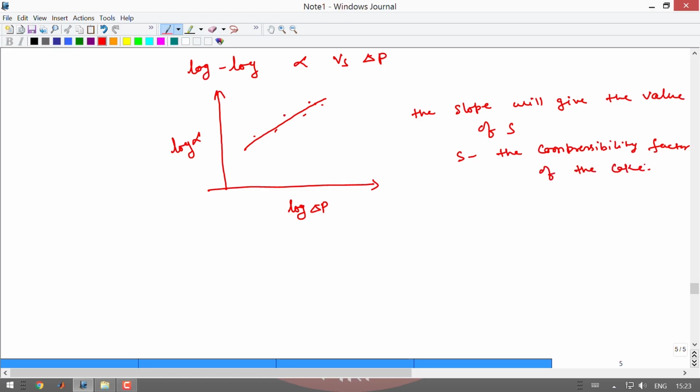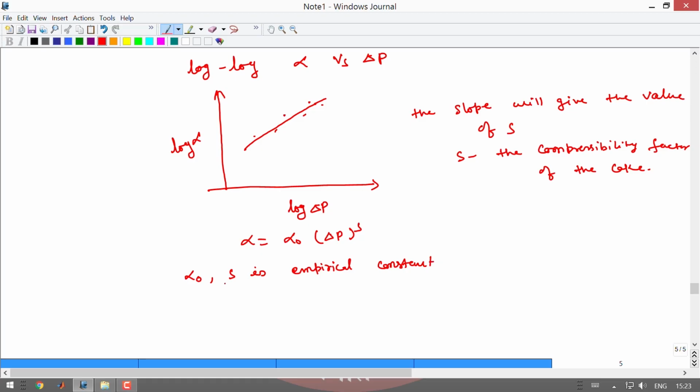Okay. So this equation will be suitable, alpha equal to alpha naught into delta p raised to power s, where alpha naught and s are empirical constants.